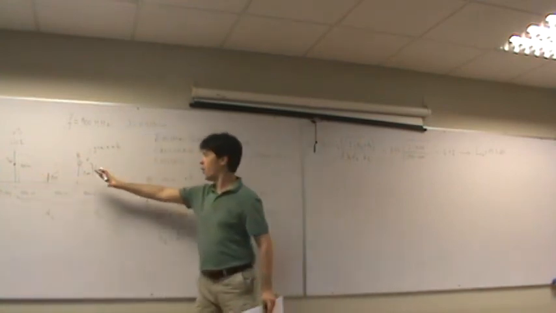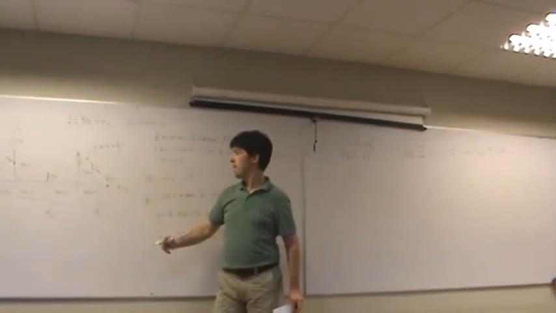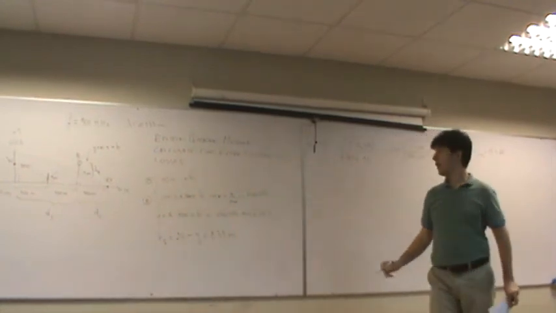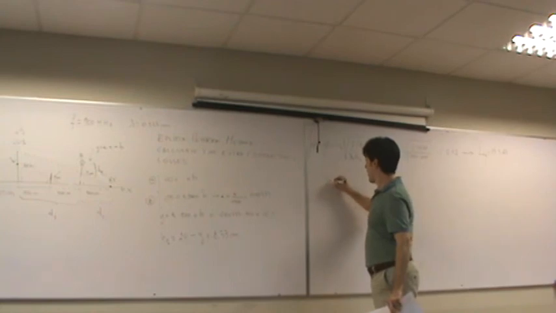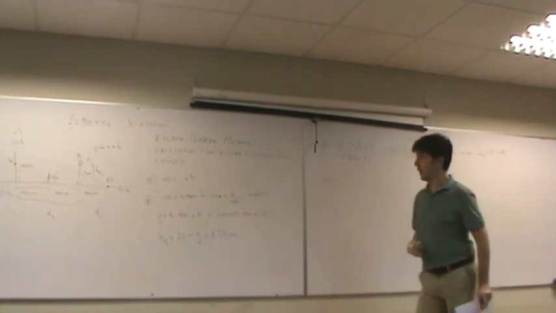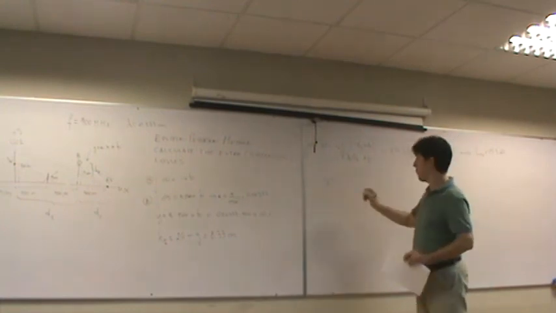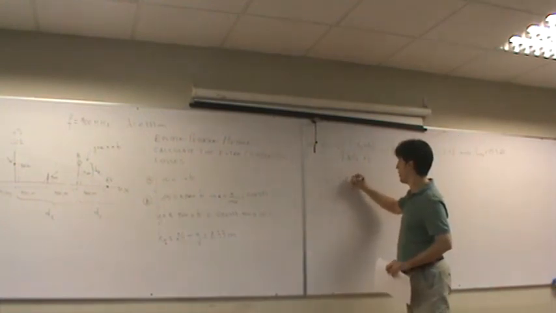You calculate the equation of this line. I leave this to you as an exercise, but what you find, and you can do it at home, I give you just the result, you find H2 again 8.33 meters.